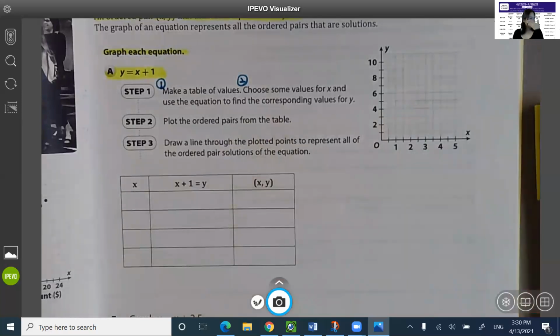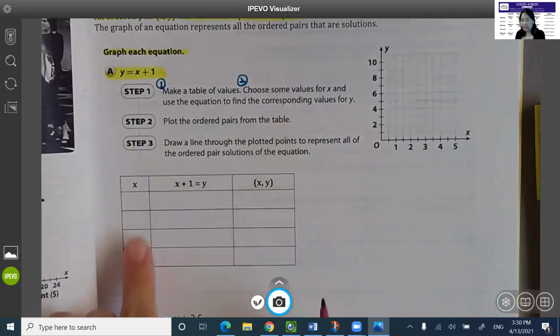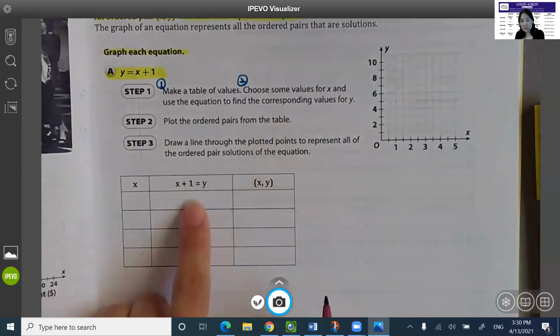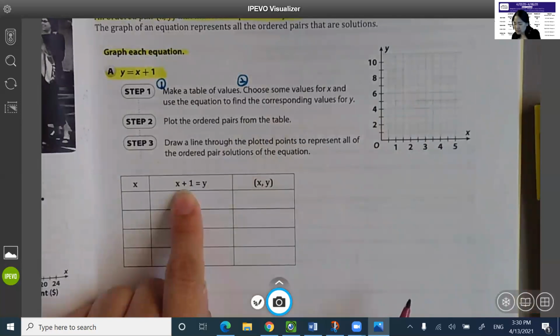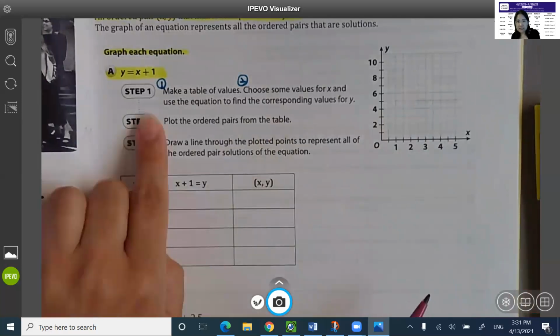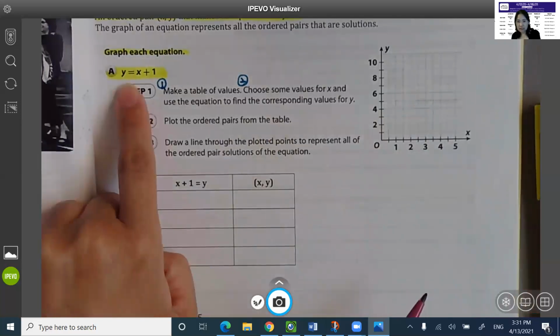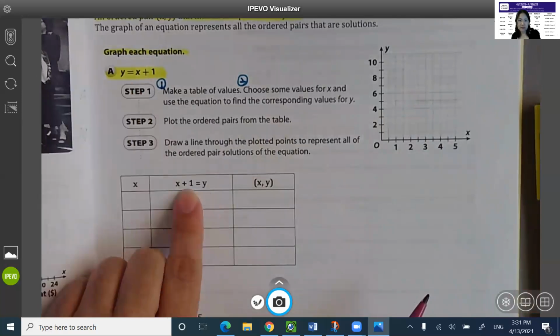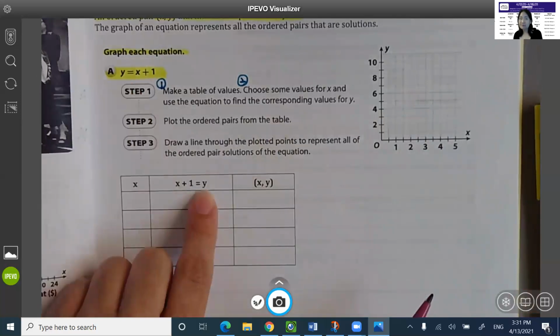So I'm going to choose some random values of x for this equation. I want you to notice, just for my convenience, instead of y equals x plus 1, I switched it and put x plus 1 equals y, okay?